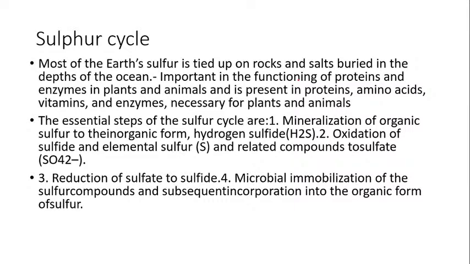I've said the biogeochemical cycles are of two types: perfect cycle and imperfect cycle. If there is complete 100% replacement of nutrients, that is called a perfect cycle. Nitrogen cycle and carbon cycle are examples of perfect cycles, and imperfect cycles are the biogeochemical cycles in which the nutrient cycling is not 100%.